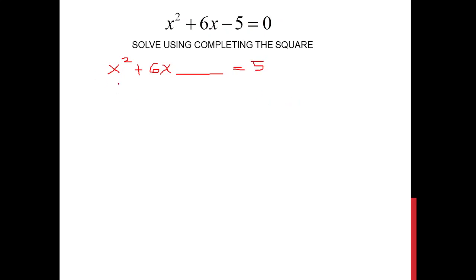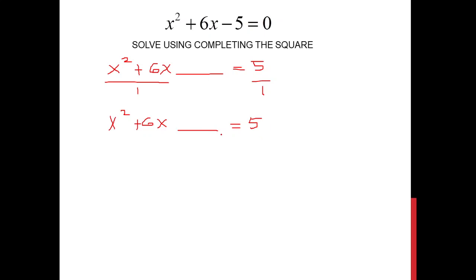Next, divide everything by the numerical coefficient of your first term, which is 1. So any number divided by 1 will still be the same number. Five divided by 1 is 5.